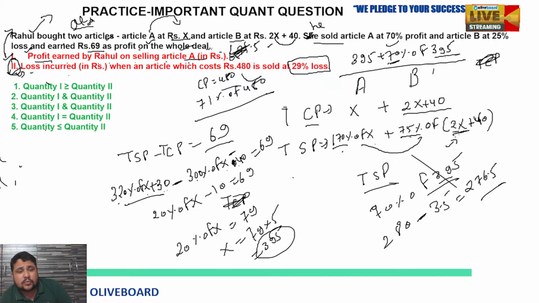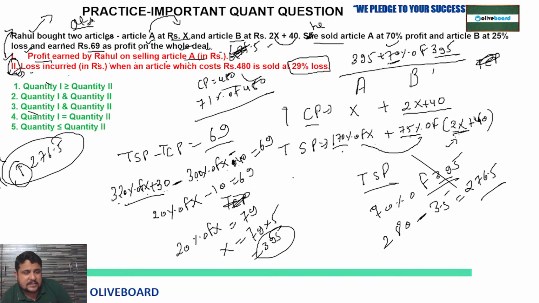So profit is 276.5. Means the value of first quantity is 276.5. Second one is loss incurred when an article which costs rupees 480 is sold at 29% loss. So 71% of 480. This is quantity second.